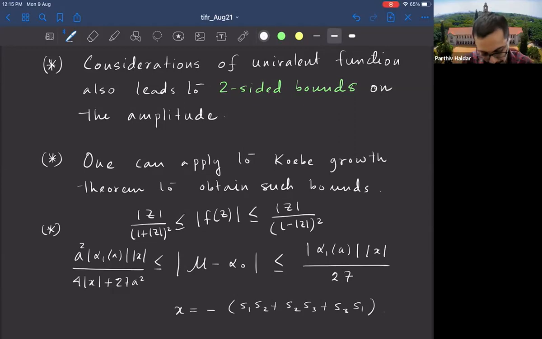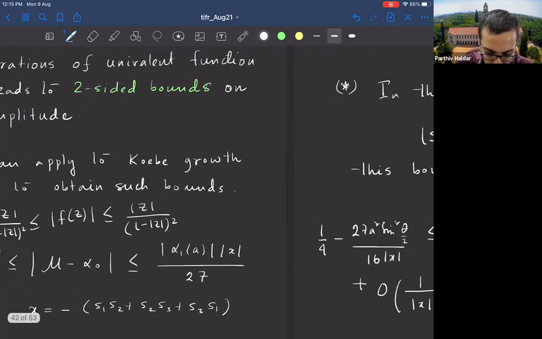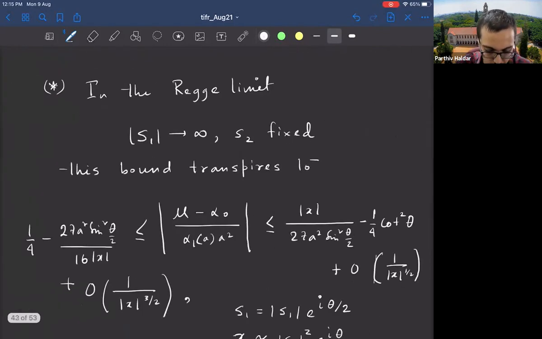Okay, so you can now put the same bound, where I've just written the bound using this x variable, which is s1, s2, s3, in a more familiar looking form. So let's look at the Regge limit, which is s1 goes to infinity, keeping s2 fixed.